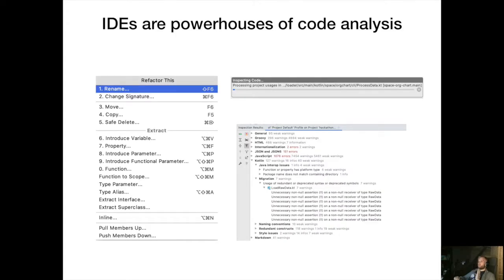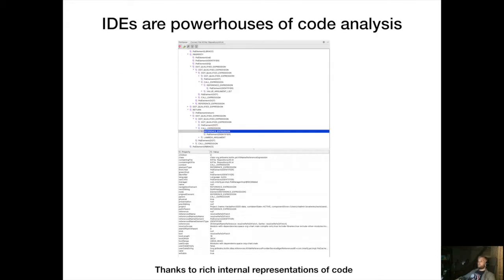Let me explain. We're familiar with IDEs, and IDEs offer plenty of options for code manipulation and analysis. One can refactor code or find and fix multiple issues with just one click. And what enables IDEs to be so smart and do these incredible things with code are rich internal models of code and various connections between its elements.